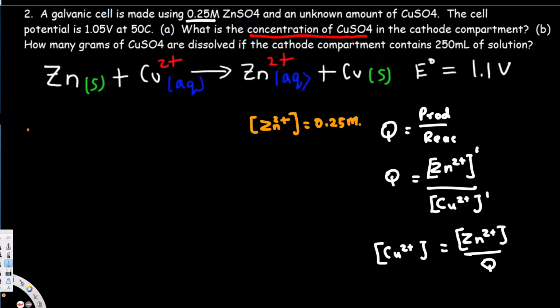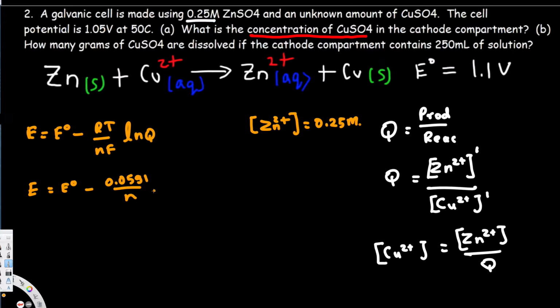The first one is E is equal to E naught minus RT over nF ln Q. Another equation available is E is equal to E naught minus 0.0591 over n log Q. So these are the two equations we use in these kinds of problems. But for the second equation we have to have the temperature at 298 Kelvin.